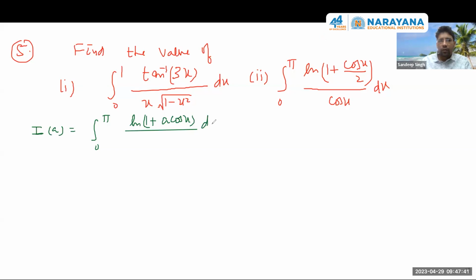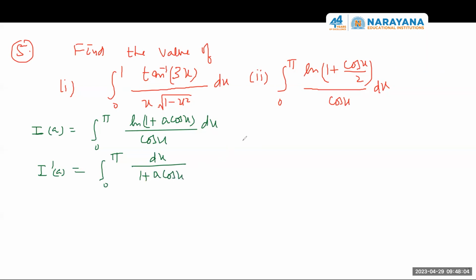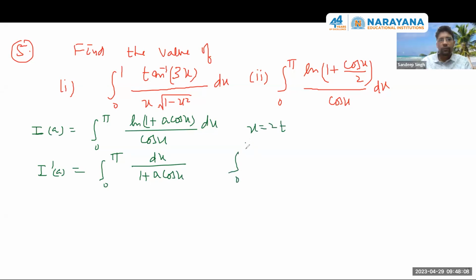So 1 plus a cos x divided by cos x. To begin with, it will be how much? Tell me, dx upon 1 plus a cos x. Right? Yes, sir. This you can find with x equal to 2t.